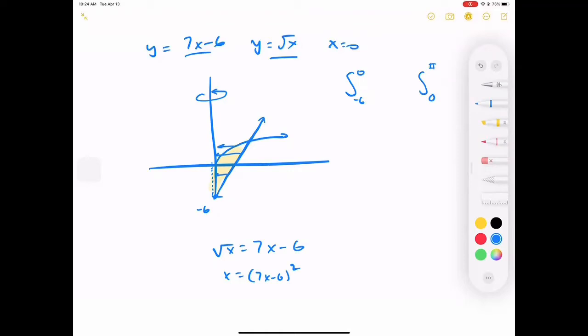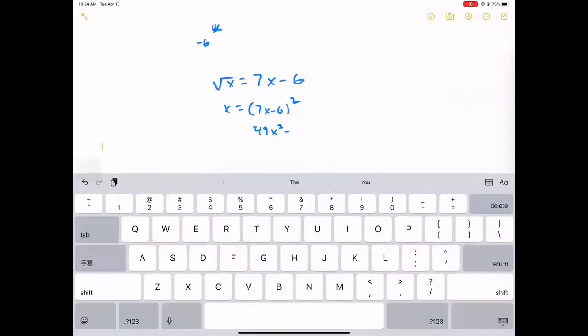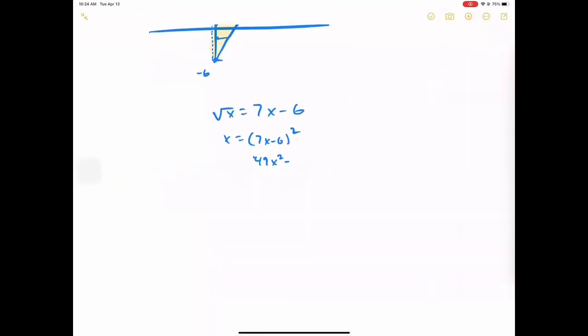So we have 49x squared minus 6 times 7 is 42, 42 times 2 is 84, x plus 36. And then 0 is equal to 49x squared minus 8x.